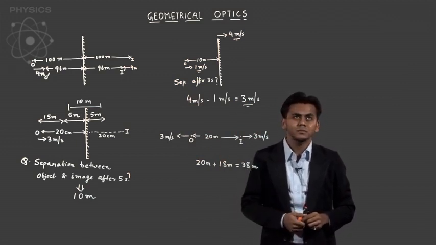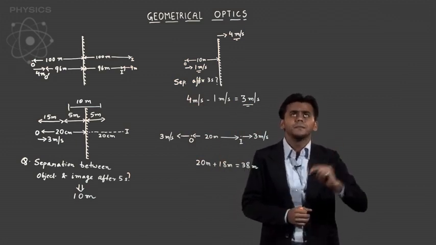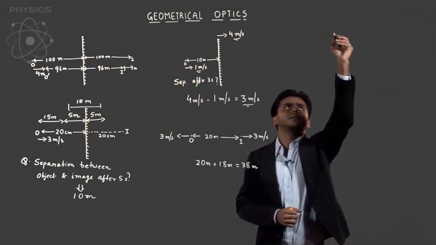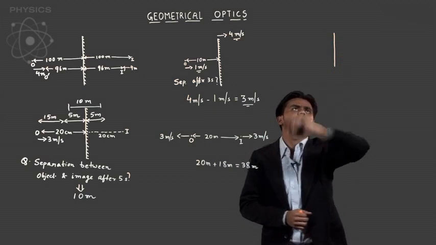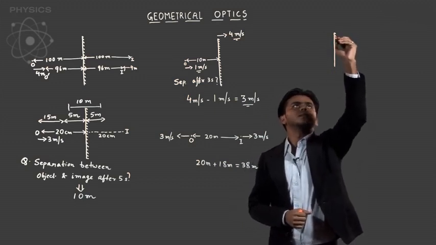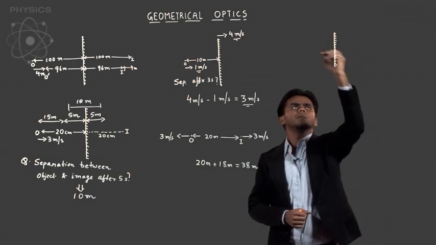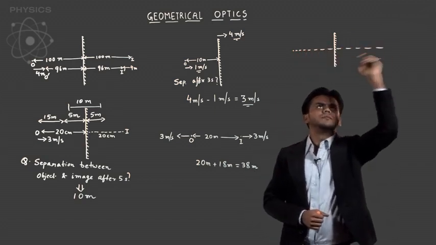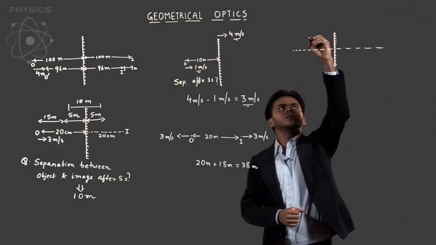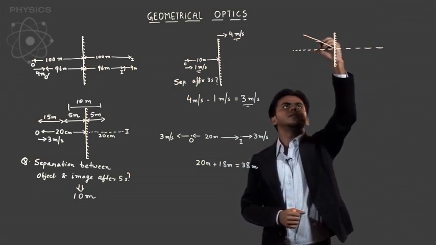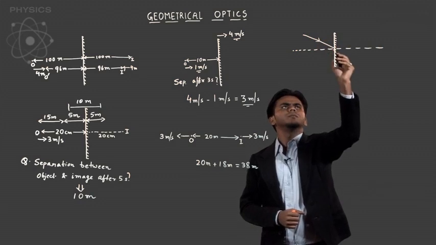Now, there are two things about a plane mirror which you need to know apart from image formation. Let's say this is a plane mirror over here. This is a normal. If this is your incident ray, this is my reflected ray.